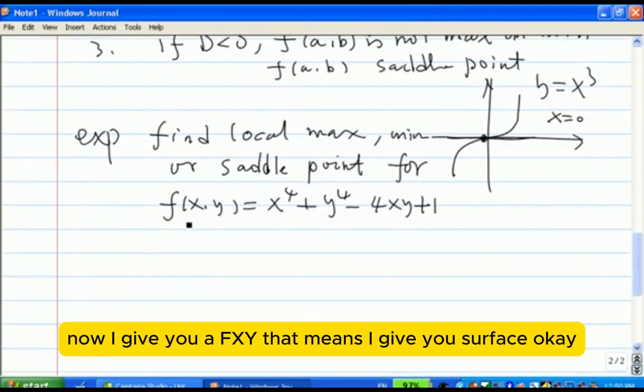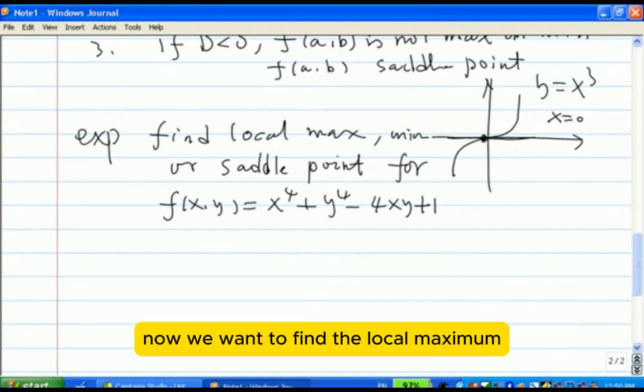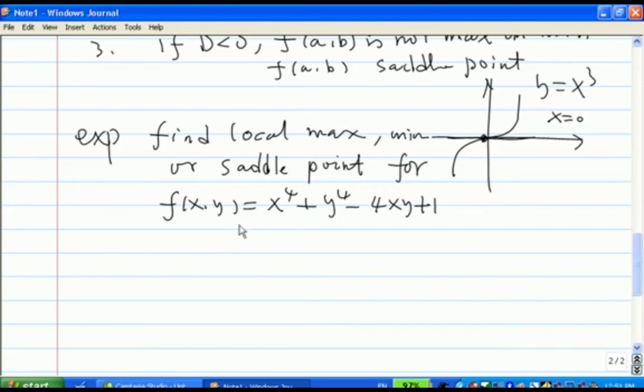Now I give you f(x,y), that means I give you a surface. Now we want to find the local maximum, local minimum, and the saddle points.